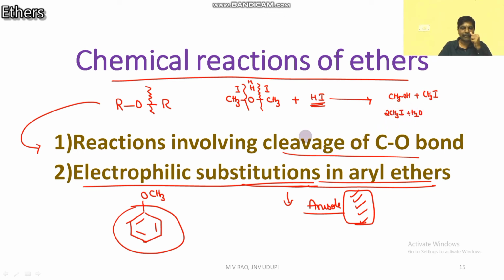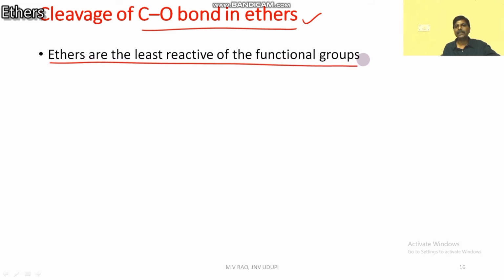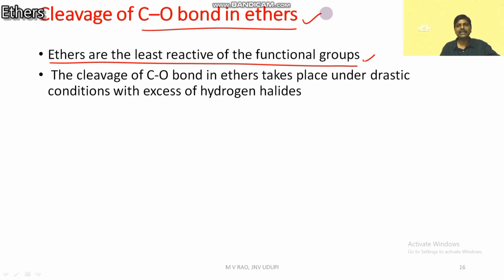So this type of cleavage you can see here, cleavage of C-O bond in ethers. Ethers are the least reactive of the functional groups. The cleavage of C-O bond in ethers takes place under drastic conditions with excess of hydrogen halides, HX, because ethers are least reactive.